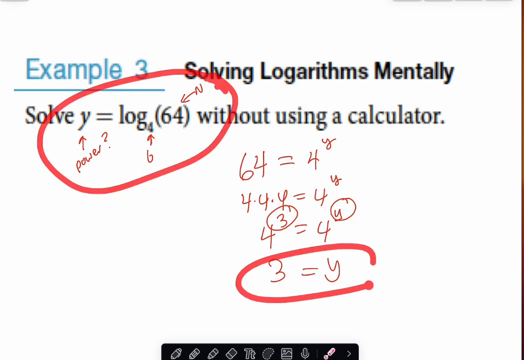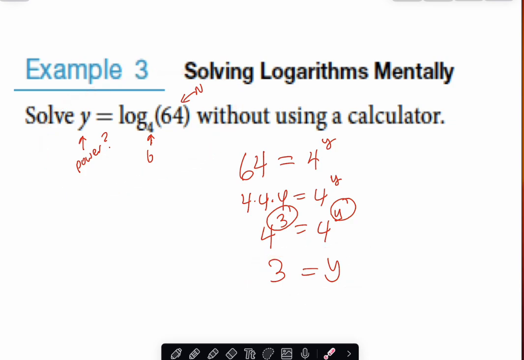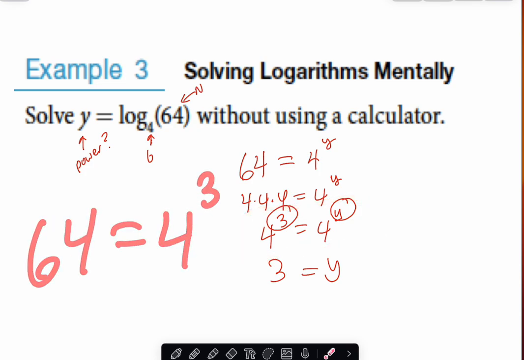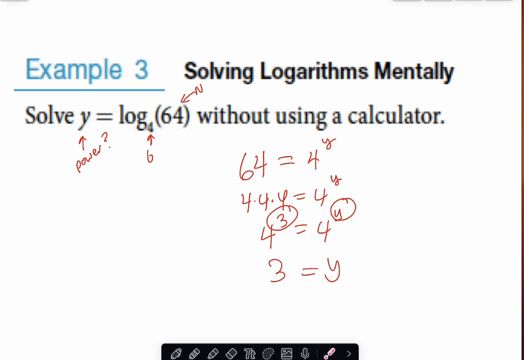And so the answer is 3. There's not a ton you can show me. You could show me this, or you could even say that 64 is 4 to the third power. That answers that question, okay? So you should be able to do a lot of this. It's kind of a logically driven sort of exercise.